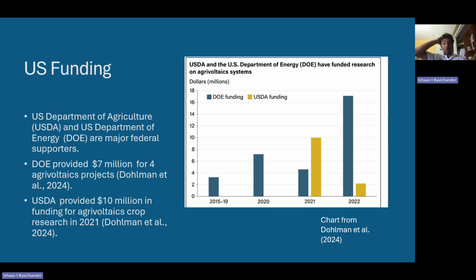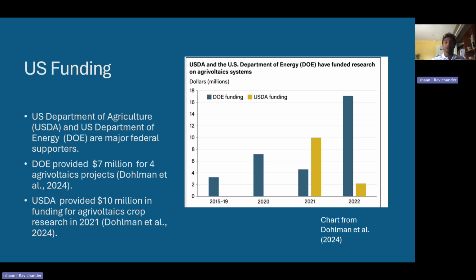The DOE's Solar Energy Technologies Office provided $130 million for solar projects, $7 million of which funded four agrivoltaic projects. In 2021, USDA also funded university research opportunities, highlighted by a $10 million investment into the evaluation of solar installation design across a diverse set of crops.